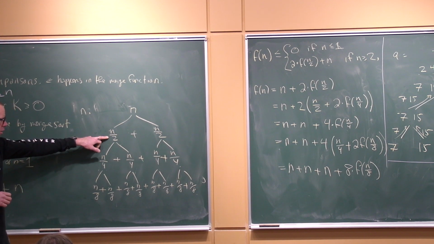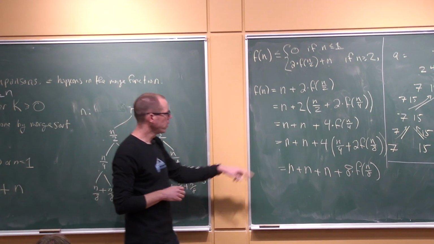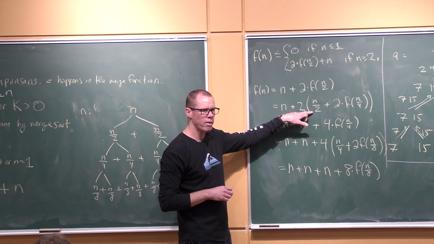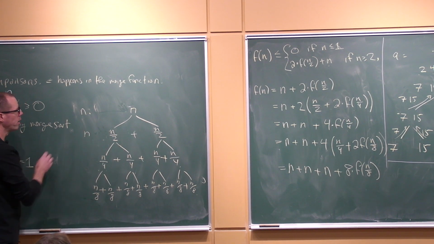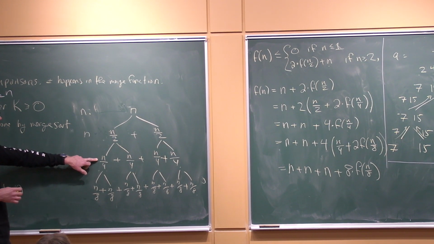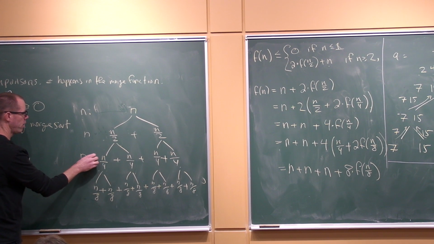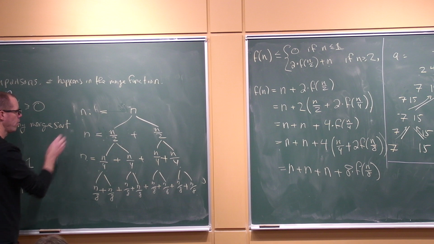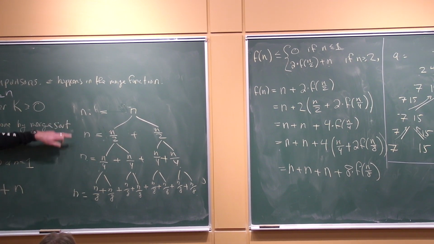This level here, the number of comparisons is 2 times n over 2. Here's where that's showing up, right there in that formula. So 2 times n over 2 is n. And at this level, it's 4 times n over 4. So that's where this is showing up. And this is 8 times n over 8. That's where this n is showing up.